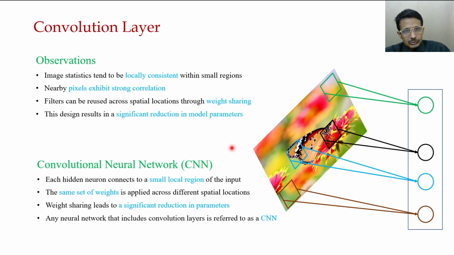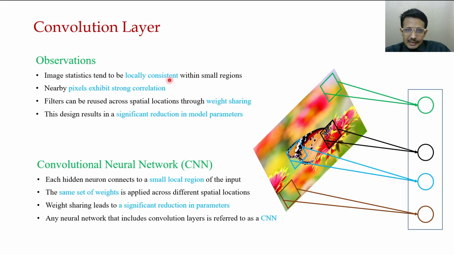These are the very important observations behind doing convolution in such a way. So in a CNN, according to this observation from standard image processing practice, each hidden neuron connects to a small local region of the input. The same set of weights is applied across the different spatial locations, which is weight sharing. Weight sharing leads to a significant reduction in parameters, and any neural network that includes convolution layers is referred to as a CNN. So this is the right definition.